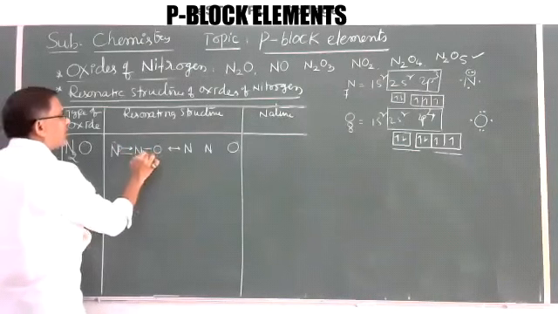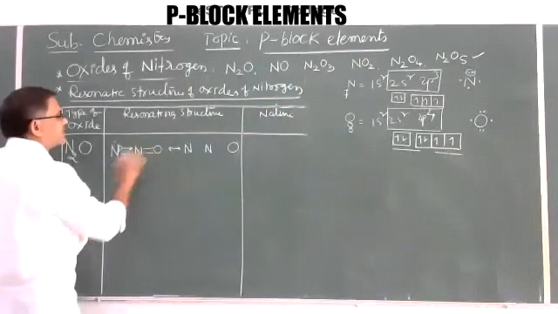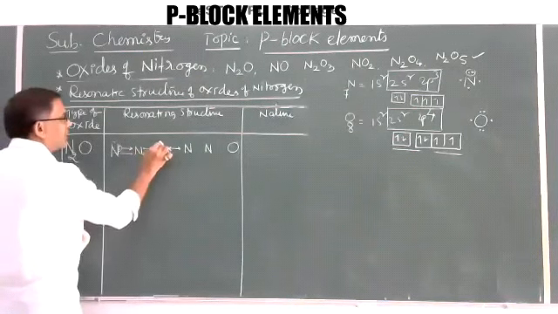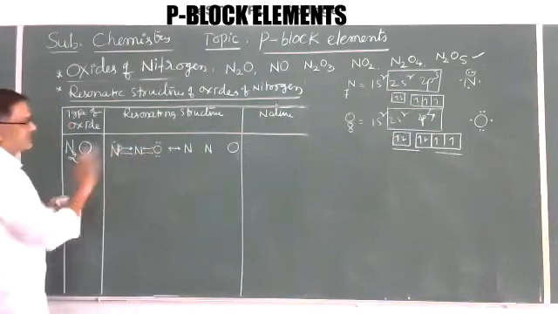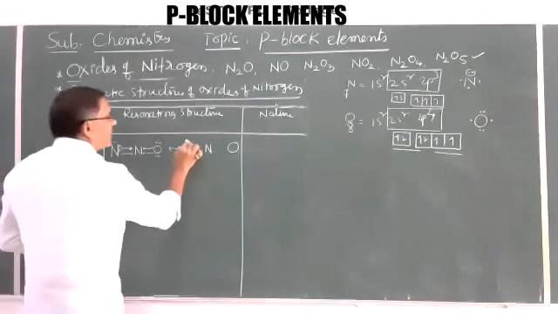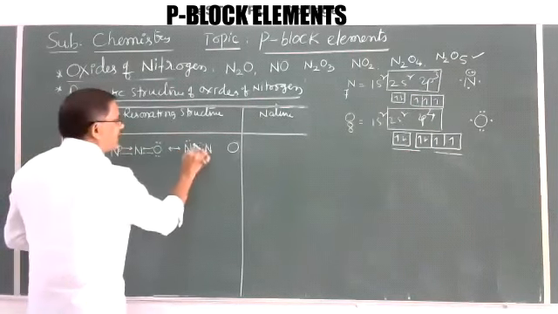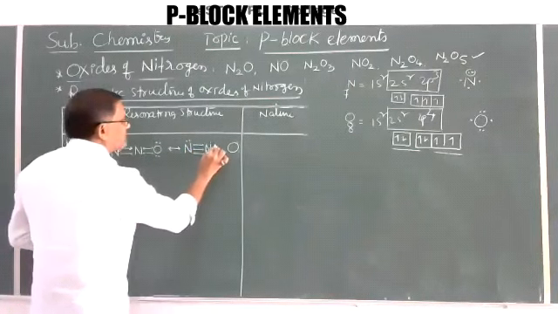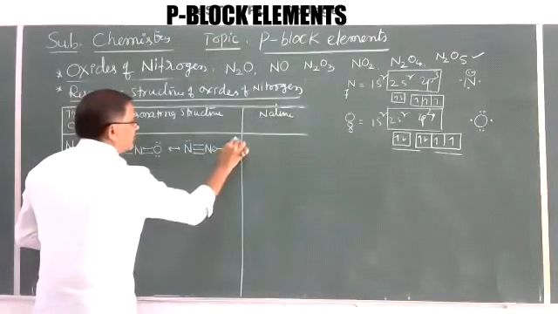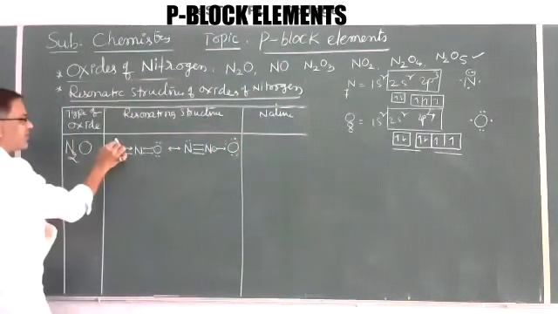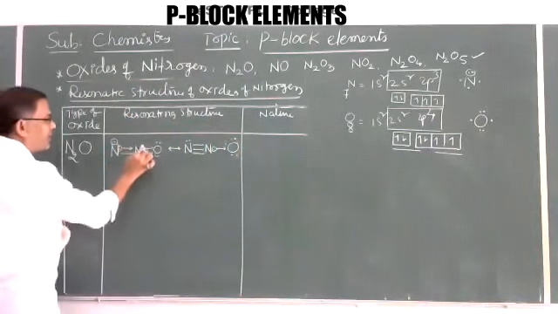Then here two nitrogen and nitrogen are present, here also nitrogen and oxygen, and here the two are paired. Or here a pair of electrons is bonded with this, like only one coordinate bond is present, remaining everything is the same.